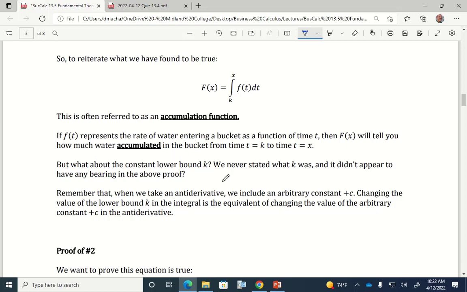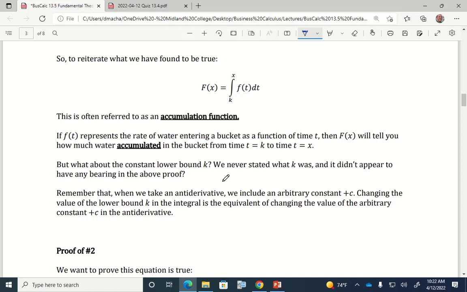Whenever you see this, we call this an accumulation function. So on the right side of the equation, we have the definite integral from a lower bound, which is a constant number, and I let my upper bound be a variable, my variable x.